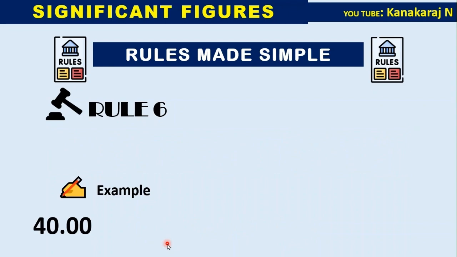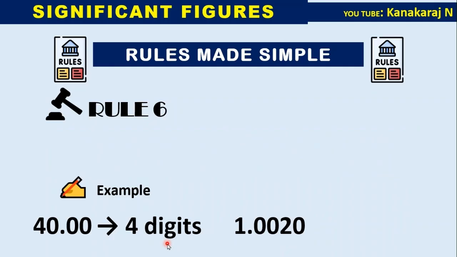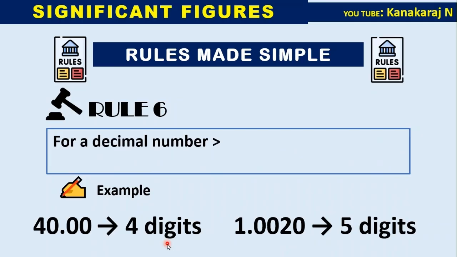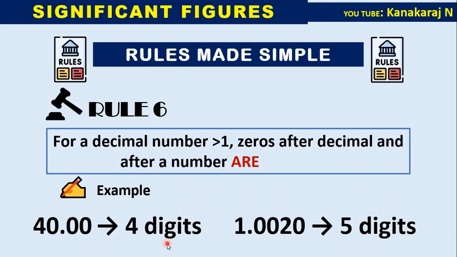Rule 6. Here you have a decimal number 40.00. So the trailing zeros are important. It has 4 digits. Here you have 1.0020. It's a decimal number more than 1. The trailing zeros are important. So it has 5 digits. For a decimal number greater than 1, zeros after the decimal and after a number are significant.